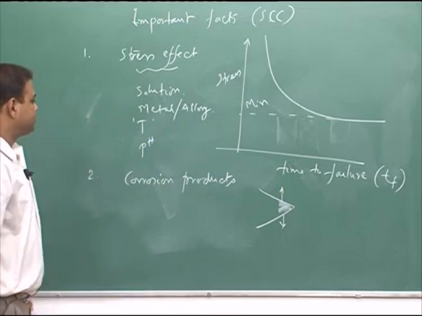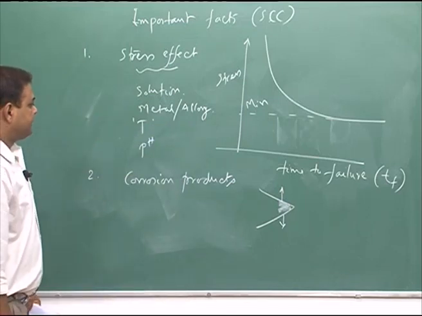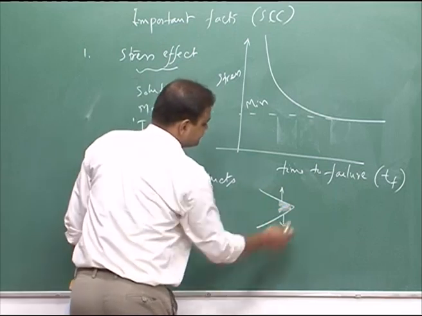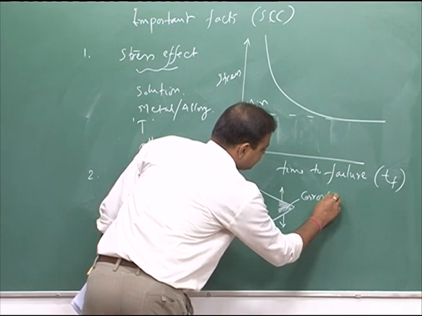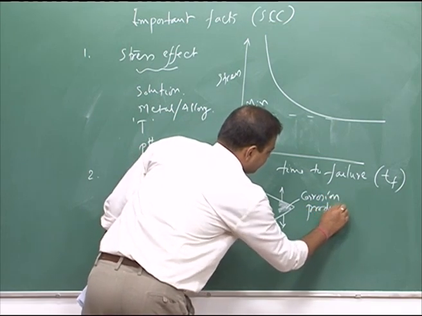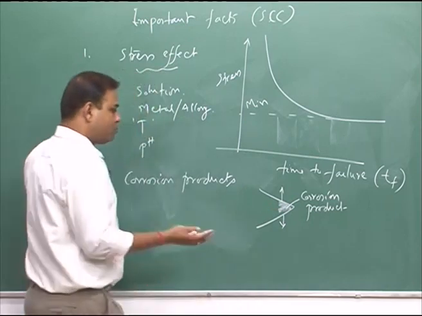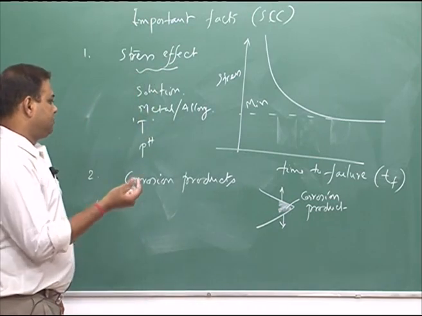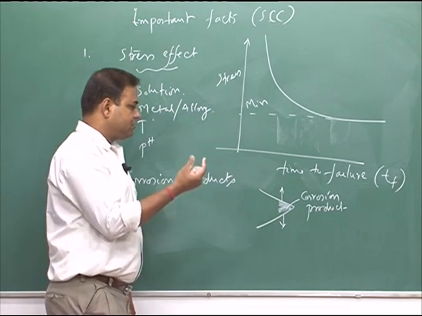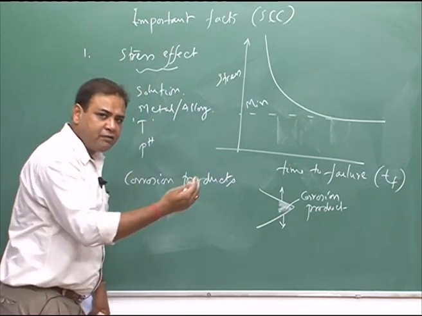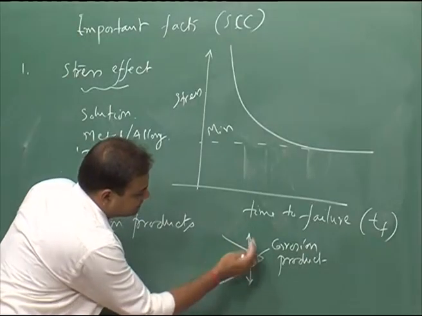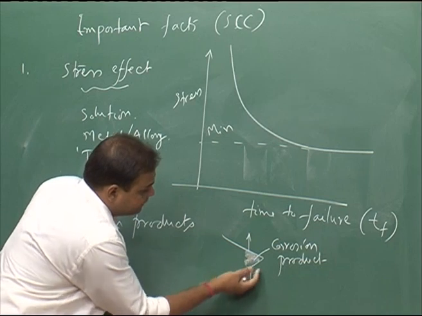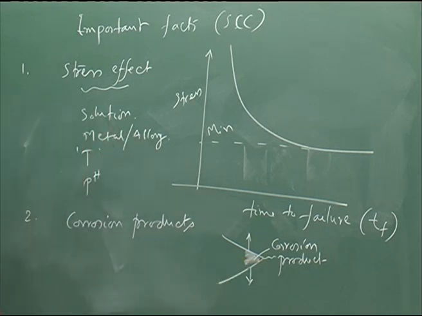So, that would enhance the SCC. Because of this corrosion product, if the volume of the corrosion product is more than the metal which is getting reacted with the solution and forming that corrosion product, then that would push the two parts of the crack tip apart, and there could be extra growth or enhancement of SCC.